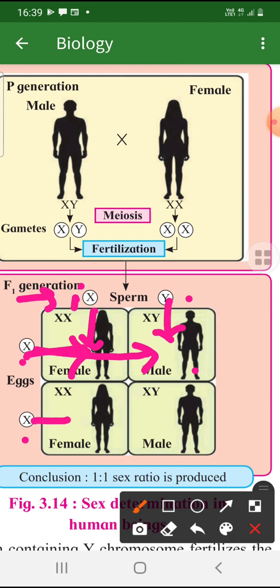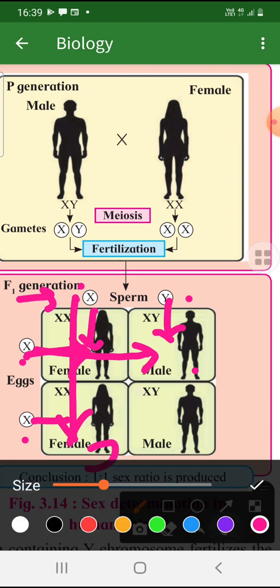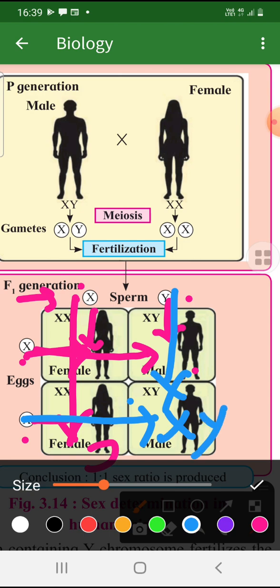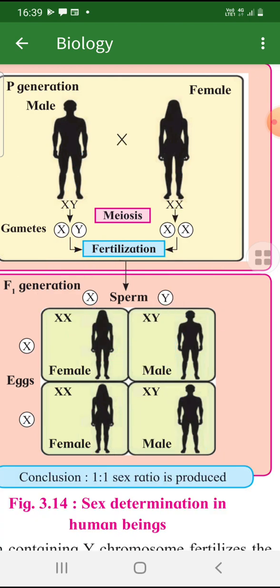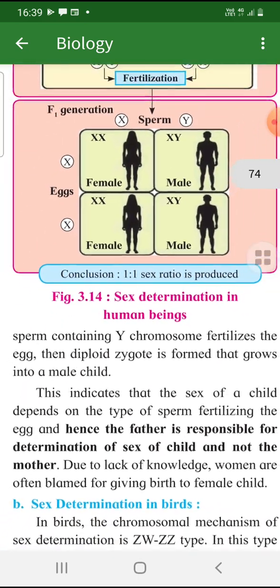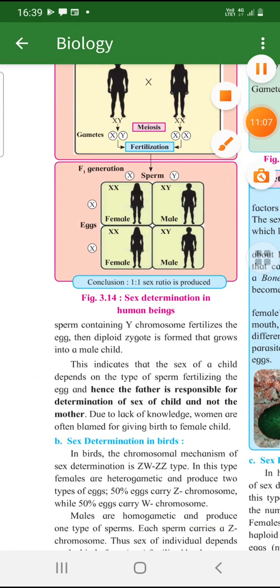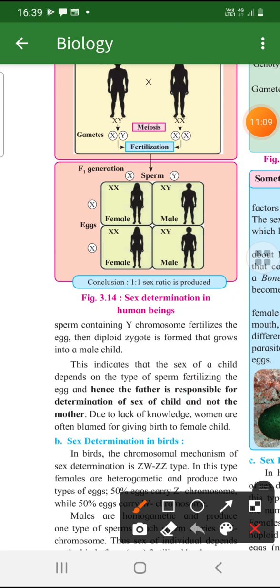This X and this X forms female, and last this Y and this X give rise to XY, male. So for formation of male, Y is essential. Who is giving Y? It is donated by the male.